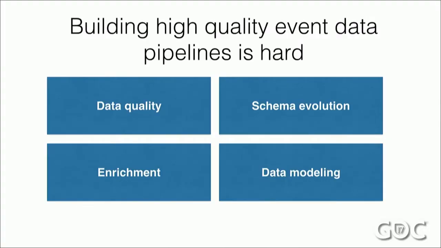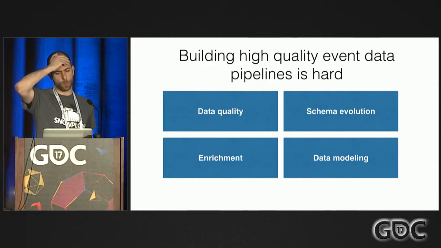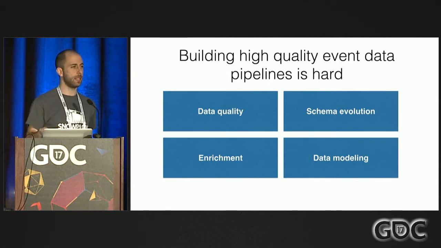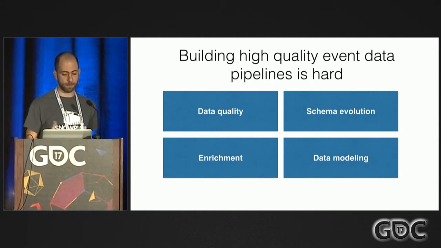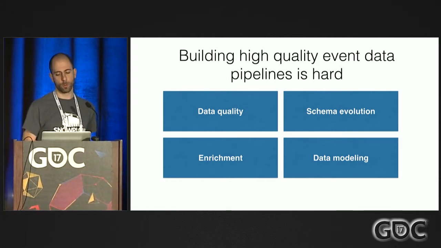So building high-quality event data pipelines is surprisingly hard, and it took us by surprise. I mean, we've been building them now for more than 5 years. It's surprisingly easy to come up with a solution that gets you kind of 80-90% of the way there, and it's becoming easier and easier as the cloud big data service set gets more and more mature.